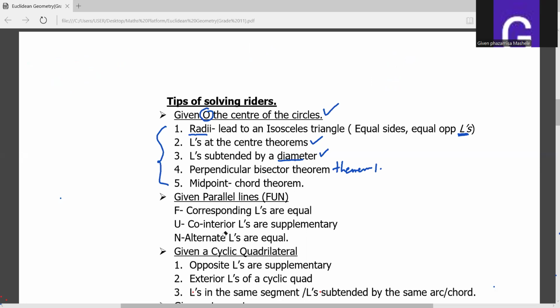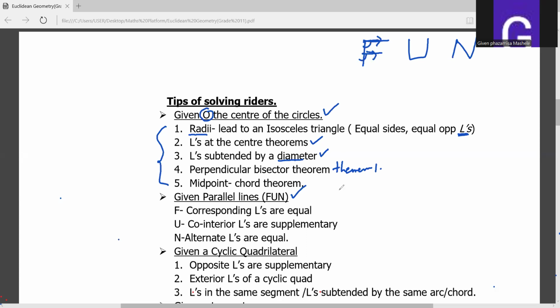Then how about when you are told that 2 lines are parallel? When 2 lines are parallel, you must always think of the word FUN, very important. F-U-N, which states that when you have an F shape, then the corresponding angles are always equal when the lines are parallel.